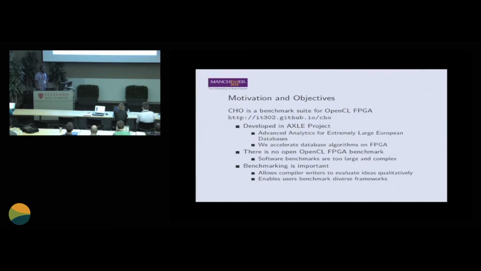So why do we need to create our own benchmarks? We looked around for something open, but we couldn't find any. Software benchmarks, basically the ones for GPUs, are often too large and complex to compile down to FPGAs. I believe anyone knows the importance of benchmarking, so I won't delve into that.